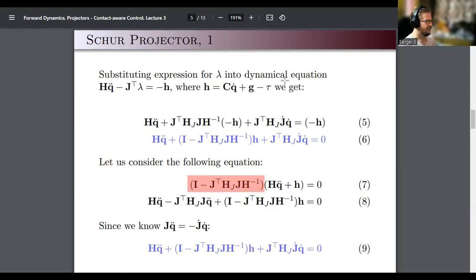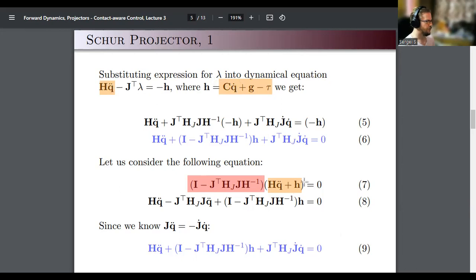This is the unconstrained manipulator equation, because remember, here is what H is, and here is the big H, C q dot.